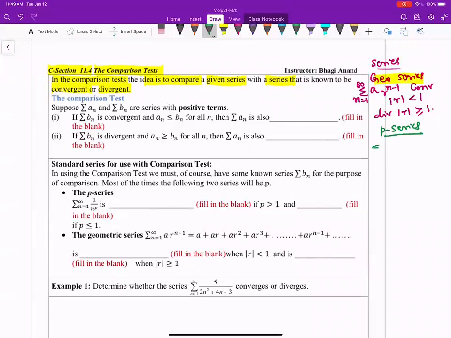The P series looks like sigma 1 over n to the power P, n varying from 1 through infinity. This converges whenever P is strictly more than 1, and it diverges whenever P is less than or equal to 1.